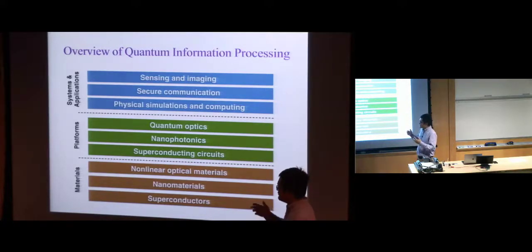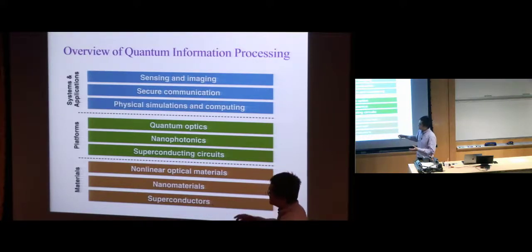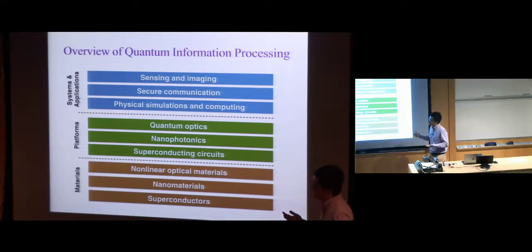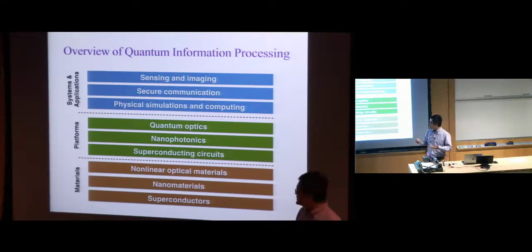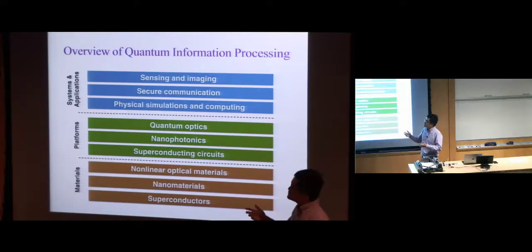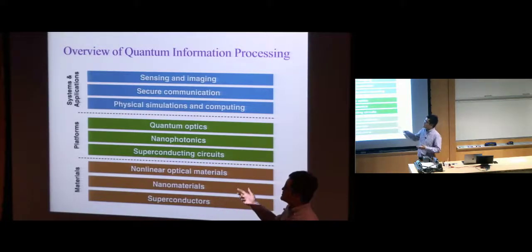And once you have these fundamental innovations in materials, you can put them together to build platforms, and the platform is going to comprise, for example, superconducting circuits, or more recently, we're also working on these integrated quantum photonic devices, or these conventional tabletop quantum optics setups. And then we talk about using these platforms to build systems and applications.